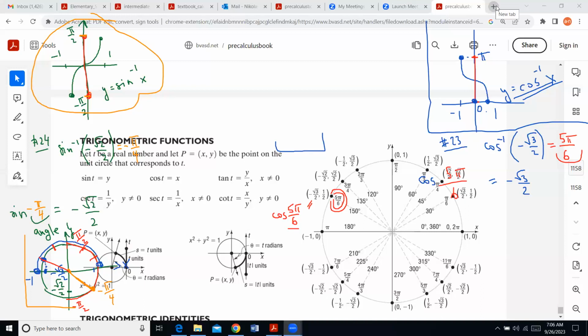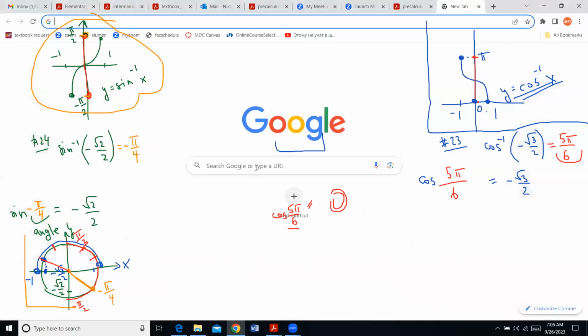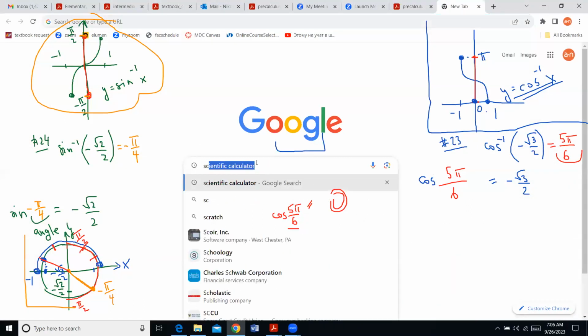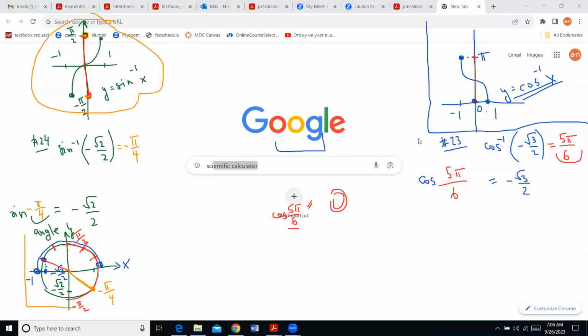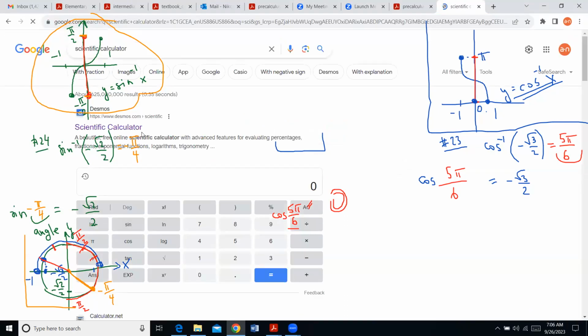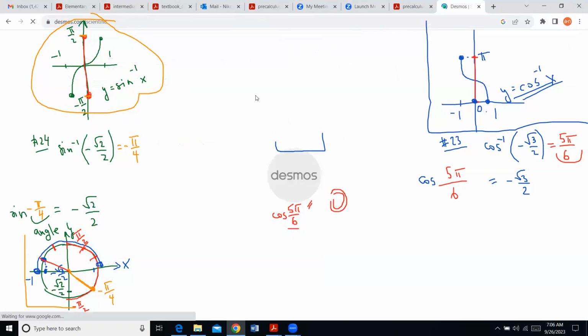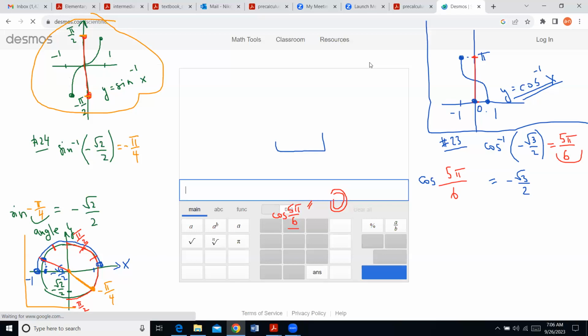And last time I also introduced you to a way to get it using our favorite scientific calculator, right? So if I put this in a scientific calculator, first choice, Desmos, how do we use that one?